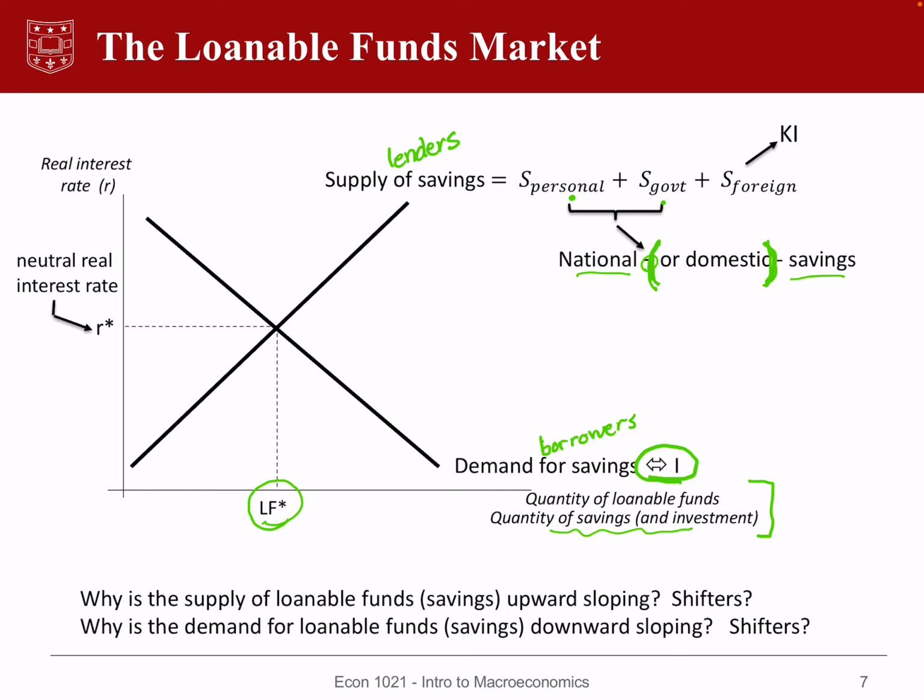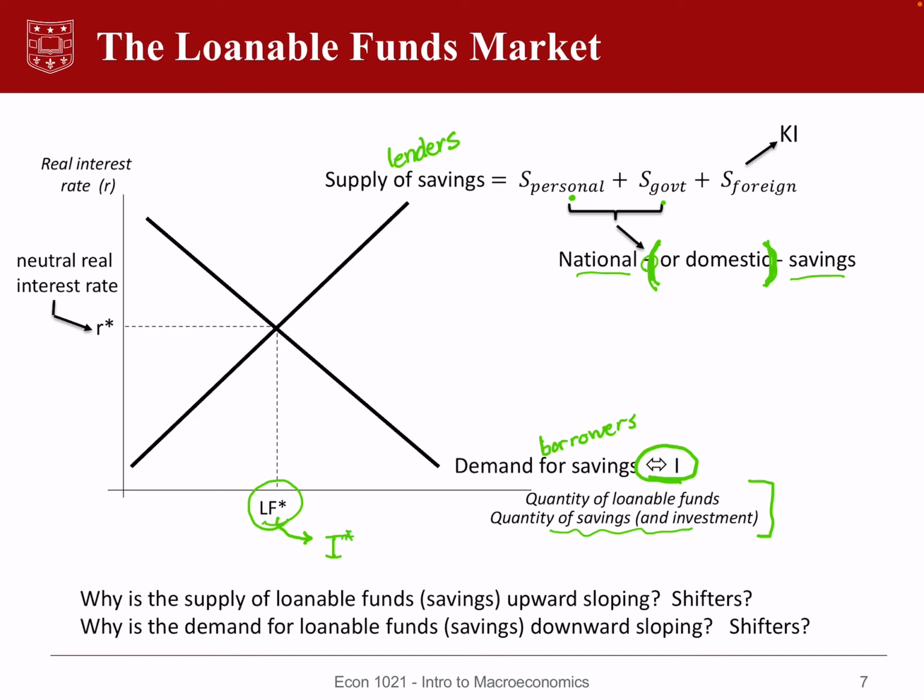And this quantity of loanable funds is at the same time the quantity of funds that are traded. We can think about this as the equilibrium level of savings, but importantly, the equilibrium quantity of investment that the economy is undertaking. And then we have the equilibrium price in this market.